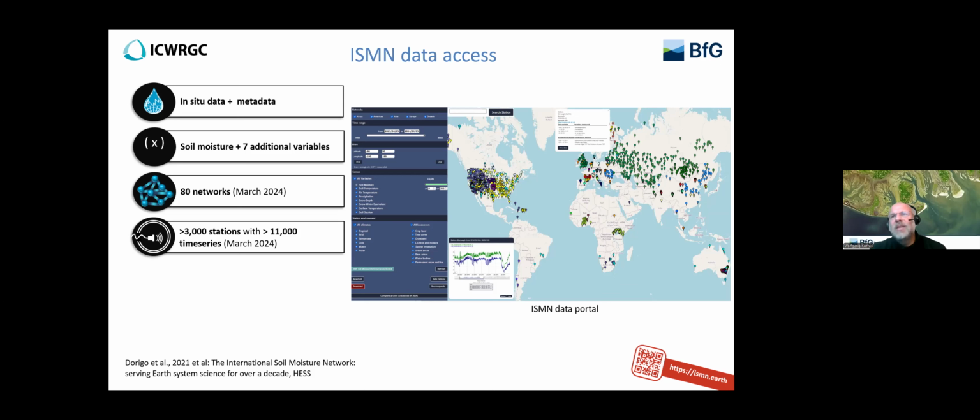If you look at the data portal, you can also see that most of our measurements are located in the US, but we have also some measurements, let's say in Great Britain, in Europe, and so on. But you can also see that we have a lot of white spots especially in the global south.